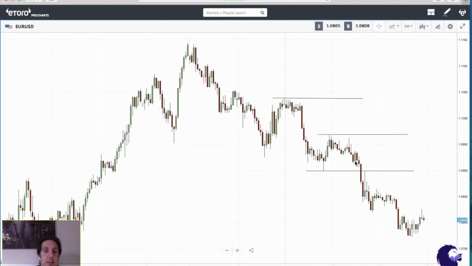When the price breaks the support, in this case we are selling, we put one sell at that moment. The stop loss will be above the resistance and the take profit has to be the exact same distance.